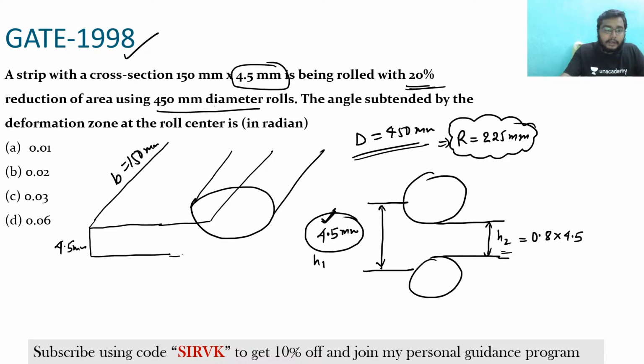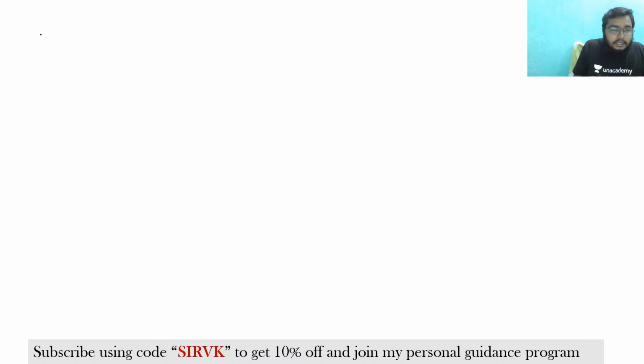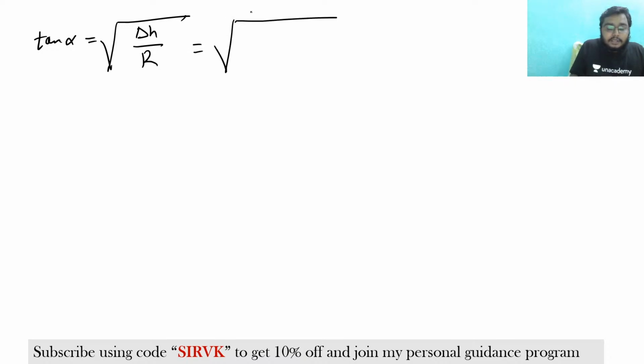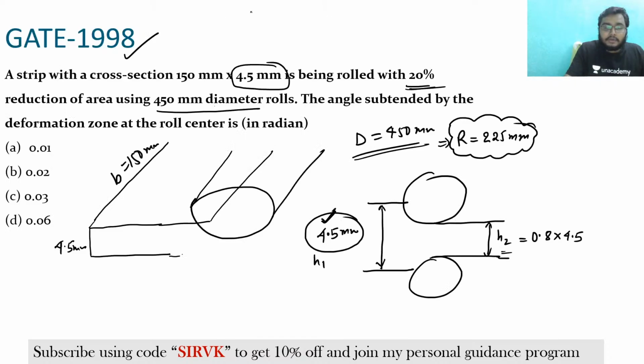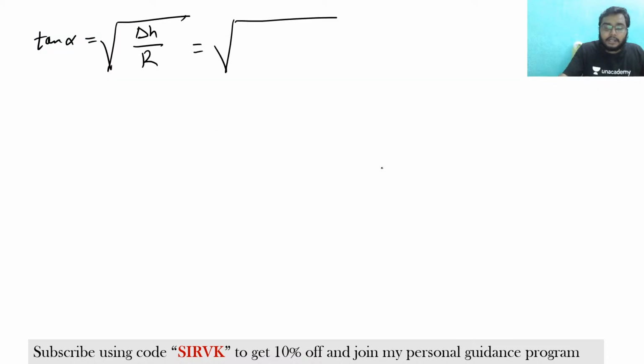Now you need to find the deformation zone. So again, apply the same formula. Tan alpha is equal to root over of delta h by R. Delta h here is 4.5 minus 0.8 into 4.5, divided by 225 mm.